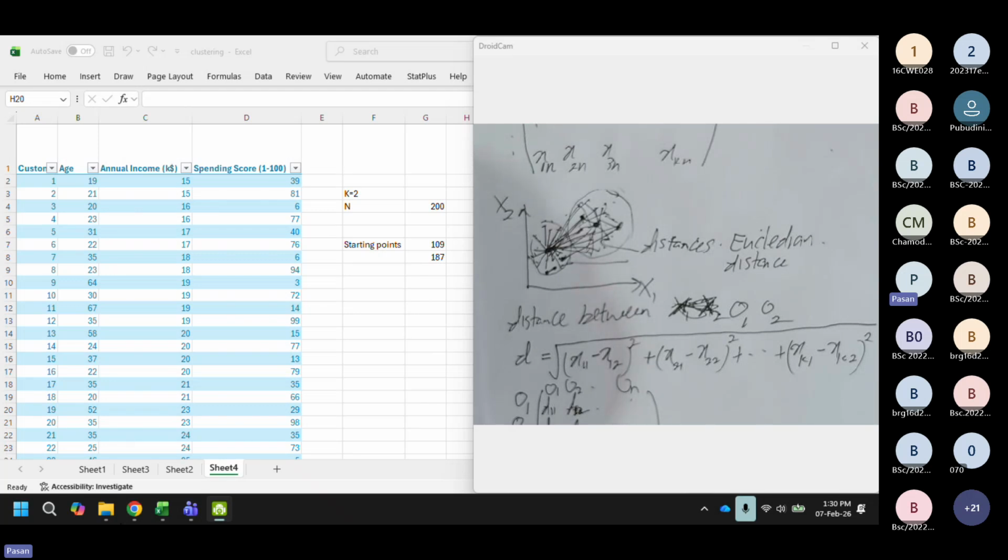So if you take a particular point and the distance is smallest to a particular center, then you can decide that point belongs to that center.